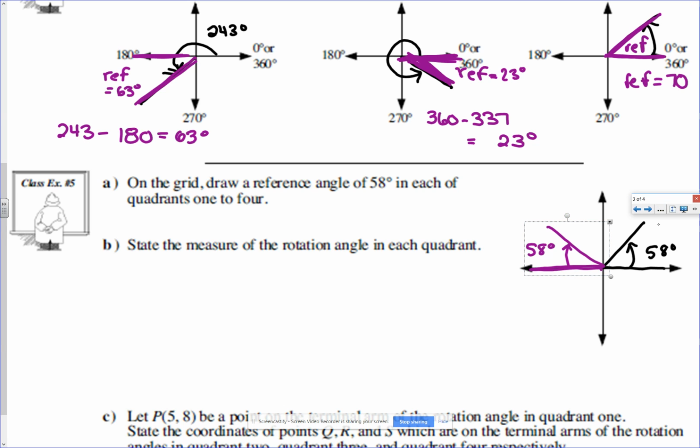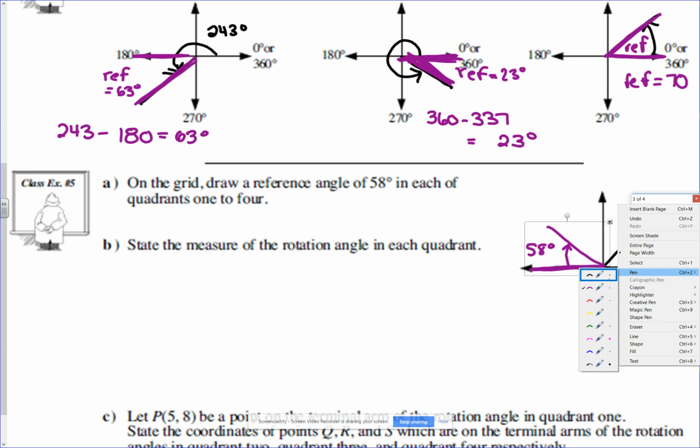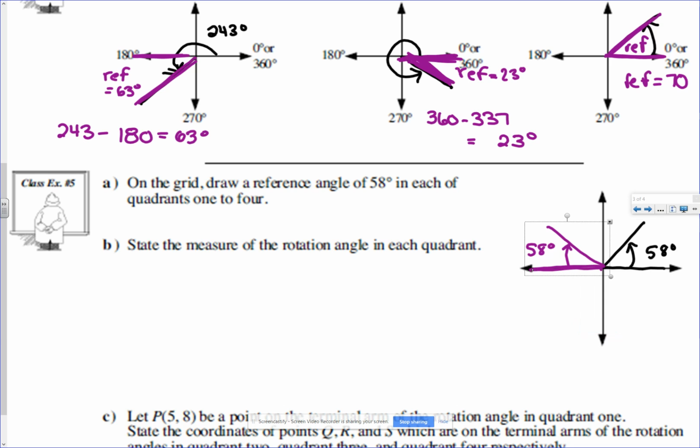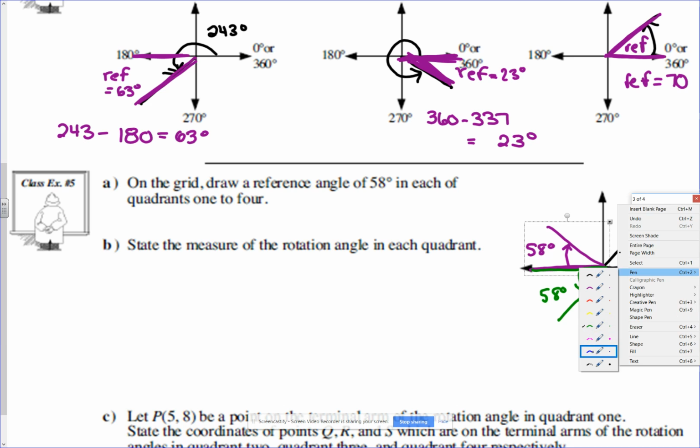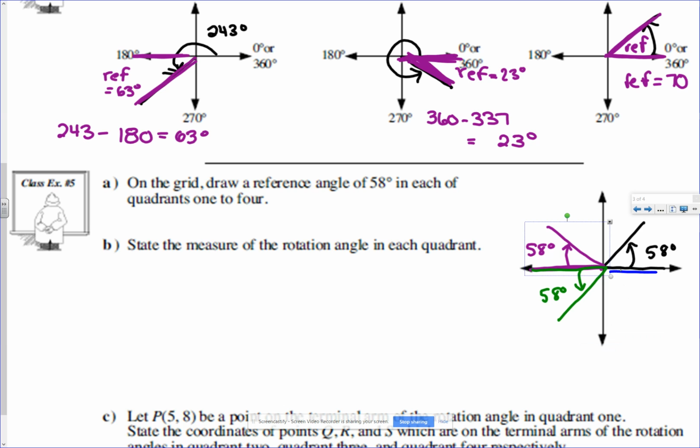And then quadrant 3, I have it from my x-axis down. So x-axis down would be 58 degrees. And then I have it in my last quadrant, again from my x-axis down. So that would be 58 degrees there.